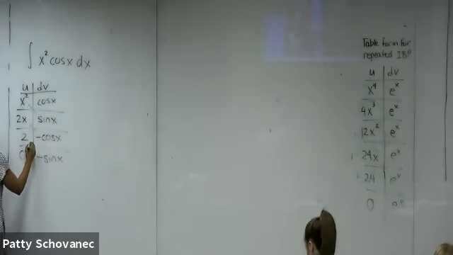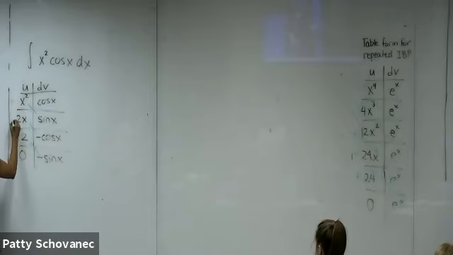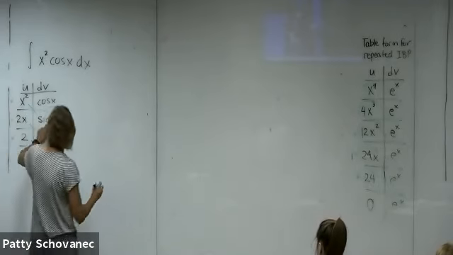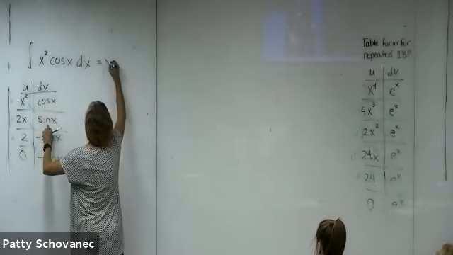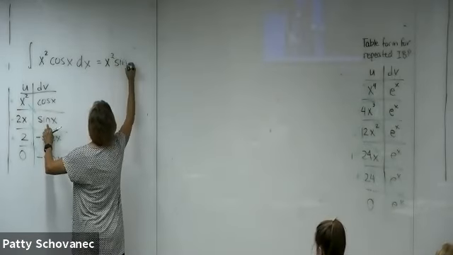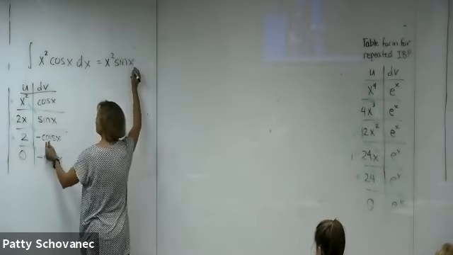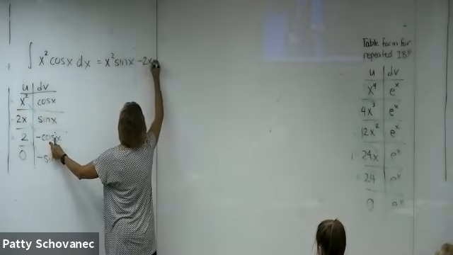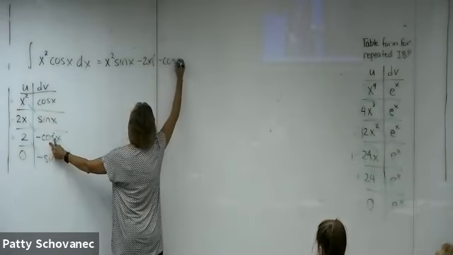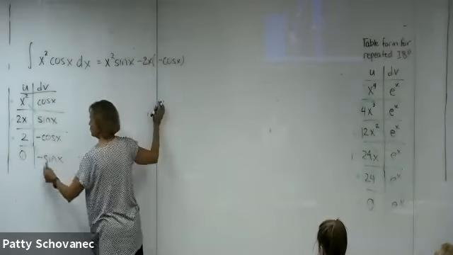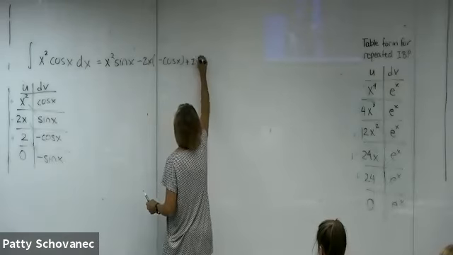Plus, minus, plus. So I'm going to have a positive x squared sine of x, minus 2x times the negative cosine of x, and then plus 2 times the negative sine of x.